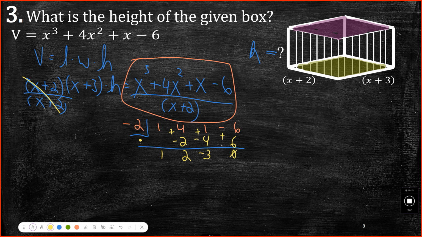And what are we going to do next, you think? We're going to do it again. Just to speed it up, let's divide by this x plus 3. You basically divide it twice. What goes in the box?